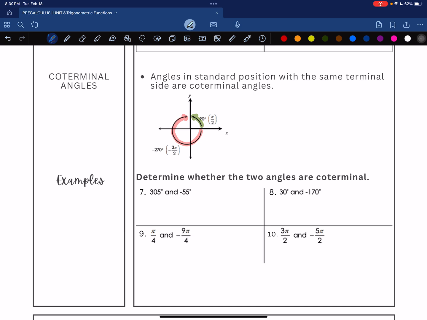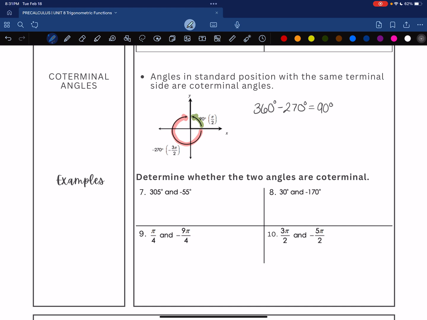Let's take 360 degrees, and subtract that negative angle, 270. What does that put you at? 90 degrees. That's why the 90-degree angle is coterminal with negative 270.